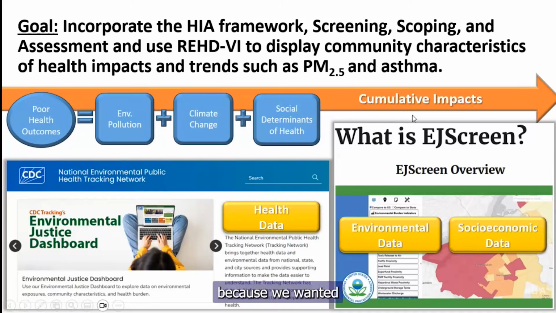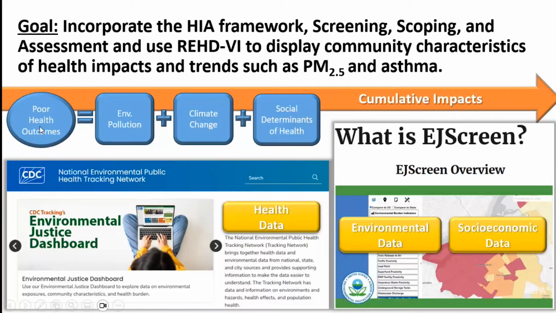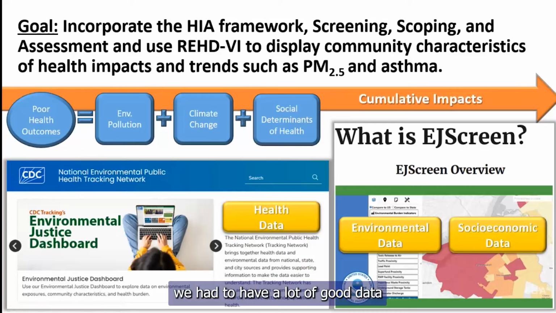We did this because we wanted to look at the cumulative impacts on health of stressors, things like environmental pollution, climate change, social determinants of health. They all have an impact on our health. So to do all of this, we had to have a lot of good data. And to talk to us today about data, I'm going to send it over to Amanda.